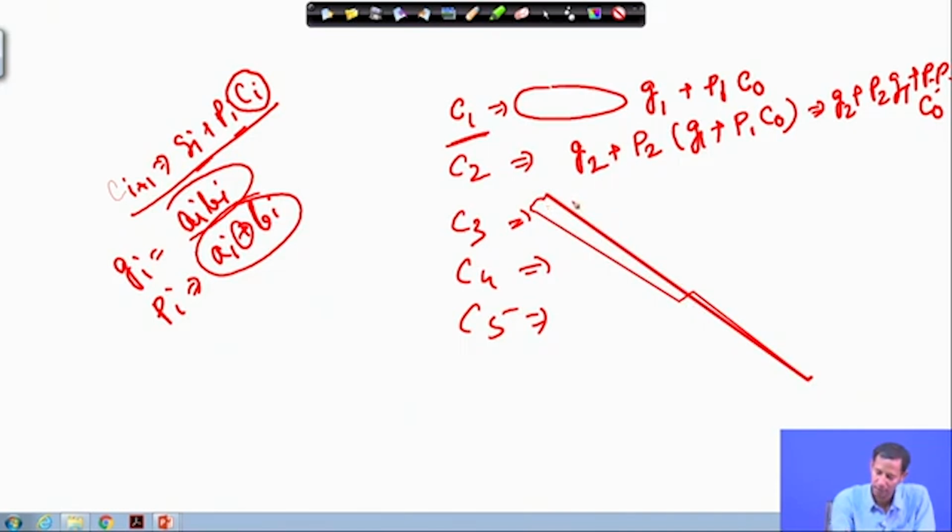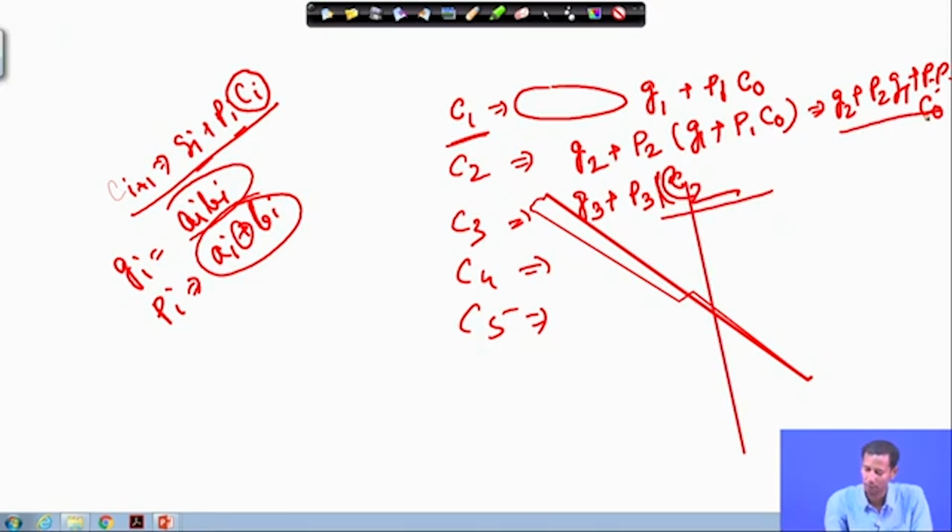Next, if I want to calculate C3, then it will be G3 plus P3 into C2.